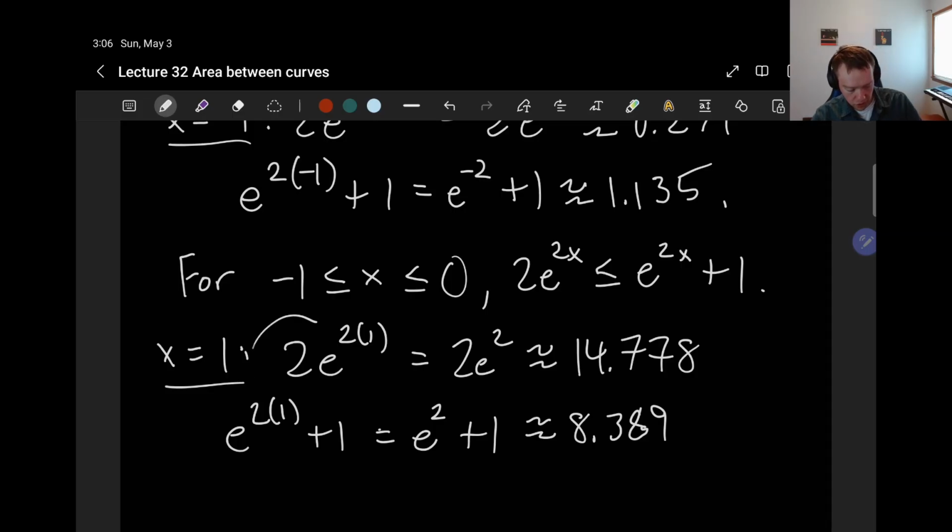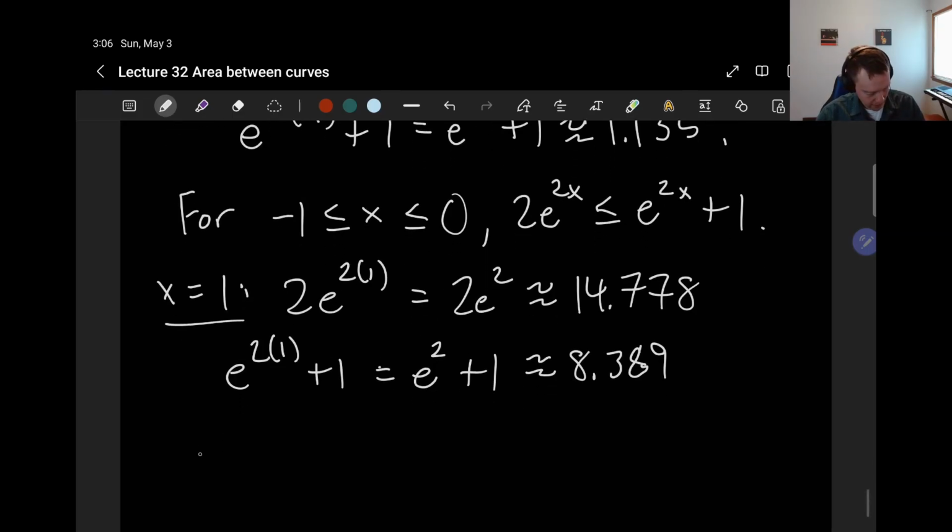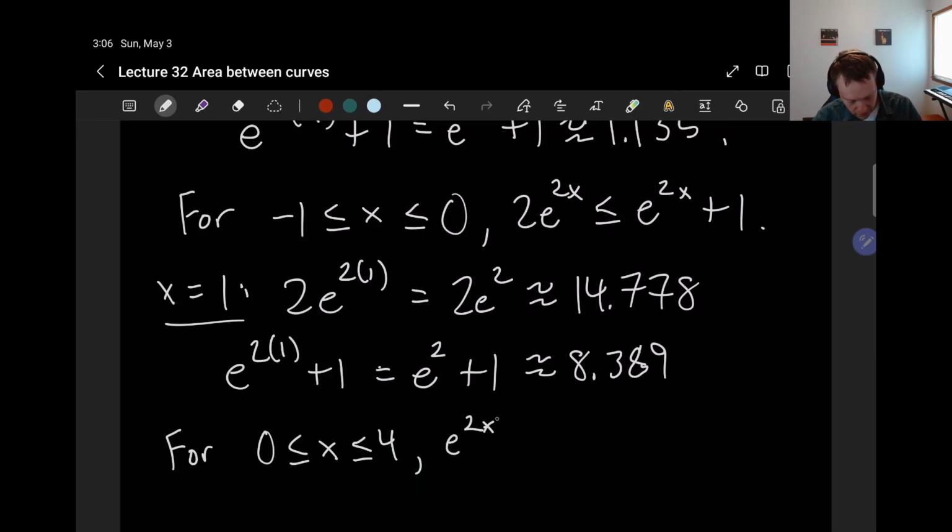So that means the 2e^(2x) is the higher one here. For x between 0 and 4, the e^(2x) plus 1 is the lower curve. So they did switch. And now we know which one is highest on which side.